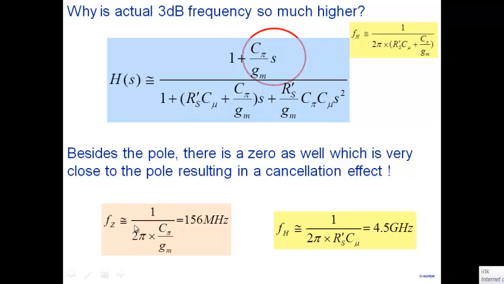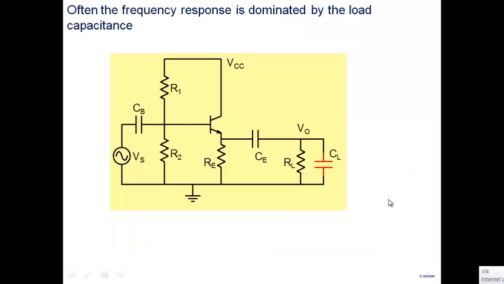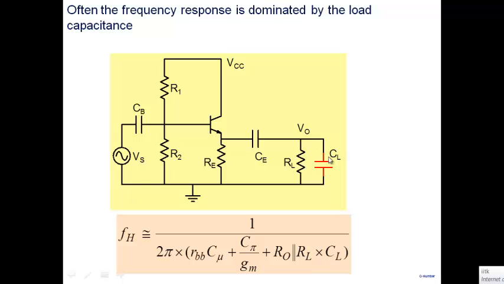If the two are reasonably close to each other, then they are cancelling, and then this term becomes the determining factor. Okay. So this is something that we have to look at, and as I said, this will especially be true if we have a very large CL in my load which is present.